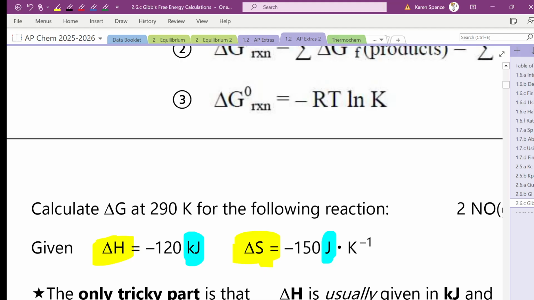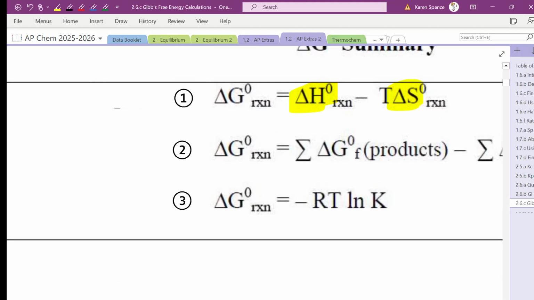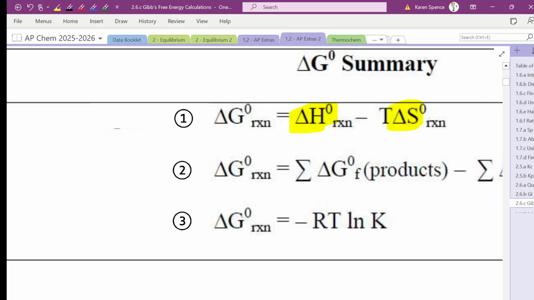So you have to make sure you make those agree before you do anything. And the other thing is that you also have to be careful that your temperature is in Kelvin. Okay, so if you're given a temperature in degrees Celsius, you need to make sure it's in Kelvin, and you need to make sure that everything's in joules or everything's in kilojoules, one or the other.